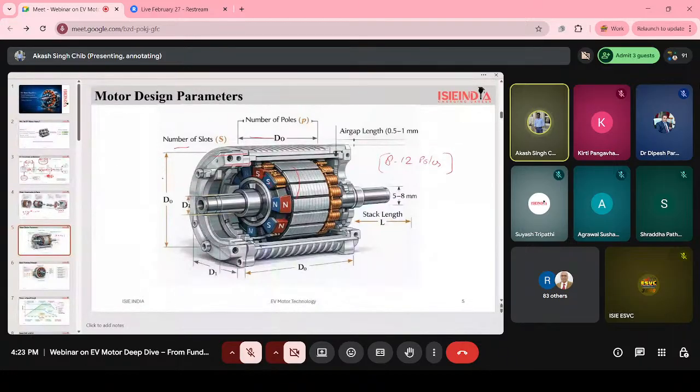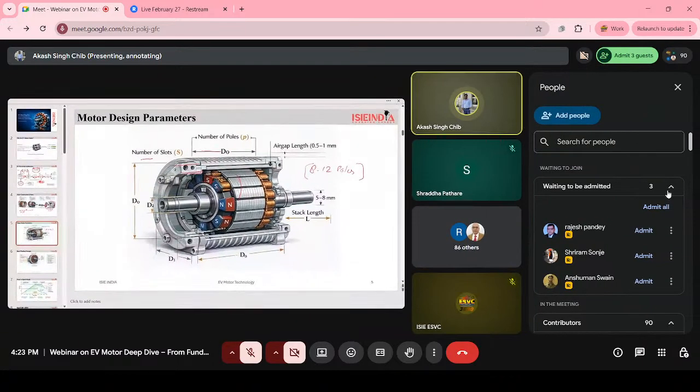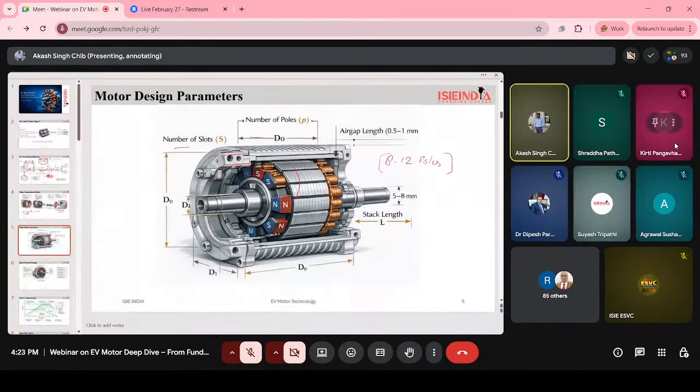Slots are the spaces in the stator where copper windings are placed. More slots means smoother operation. It improves magnetic distribution. These are the number of slots.